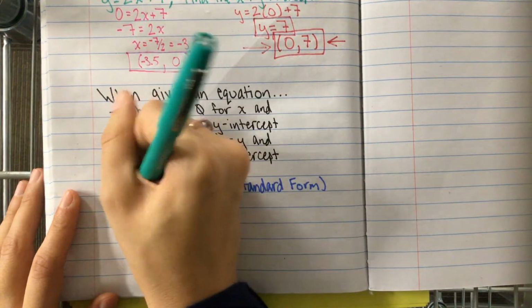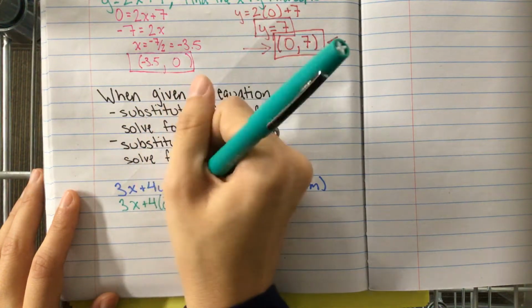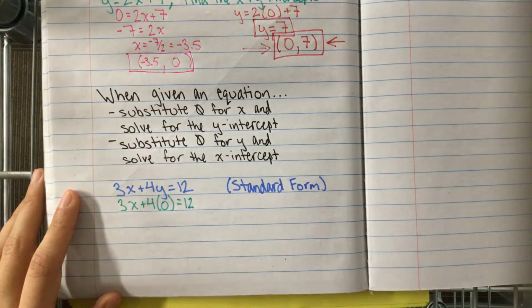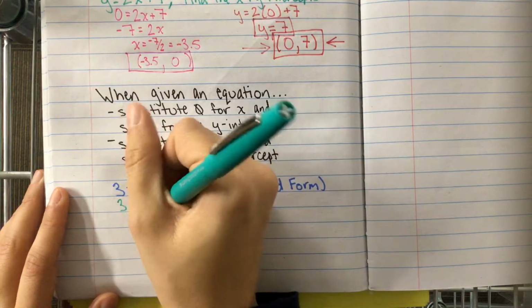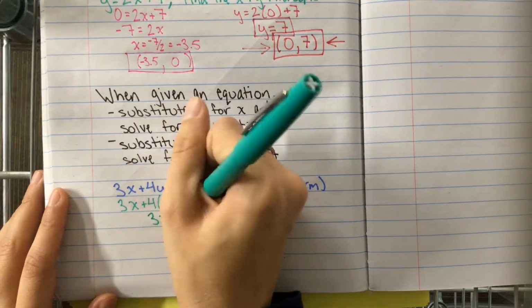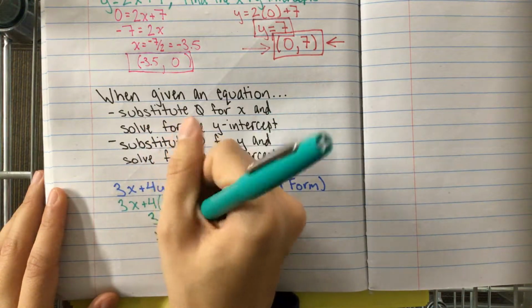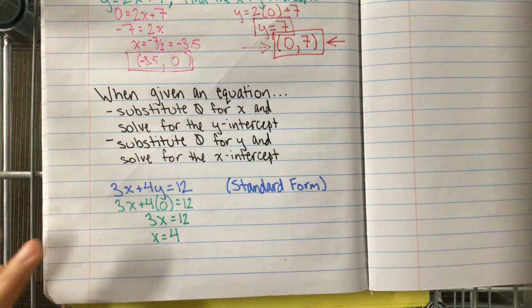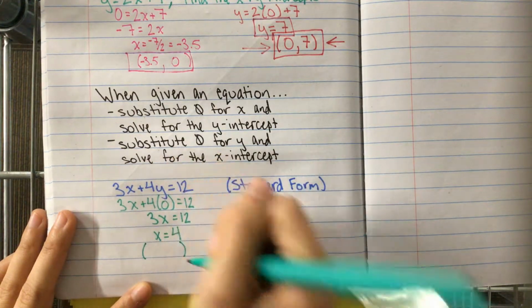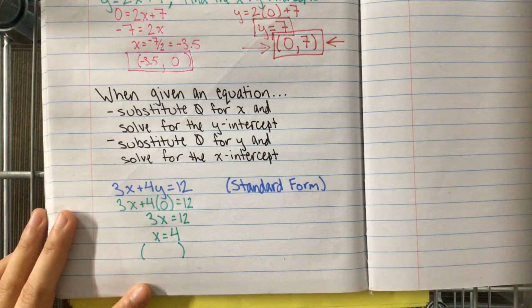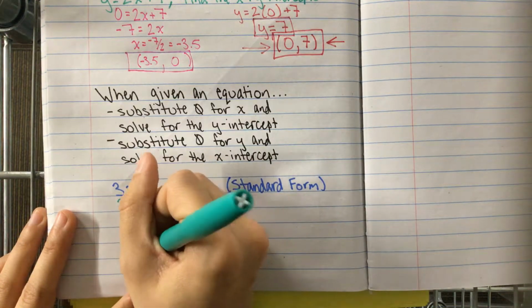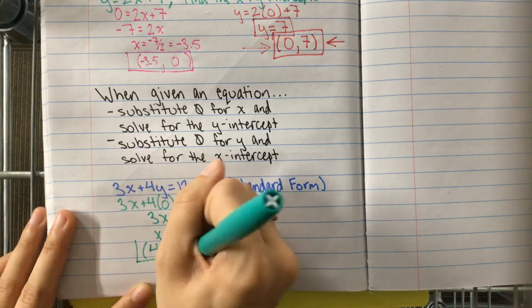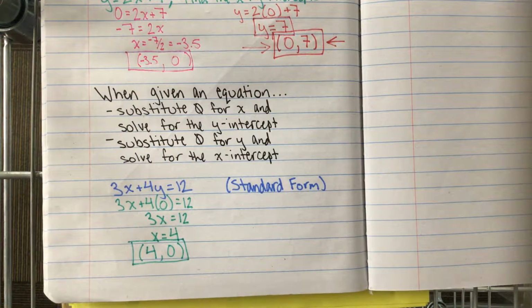So I just do 3x plus 4 times 0 equals 12. 4 times 0 is 0, so that's just 3x equals 12, x equals 4. So my final answer looks like 4, 0. Your answer will be an ordered pair.